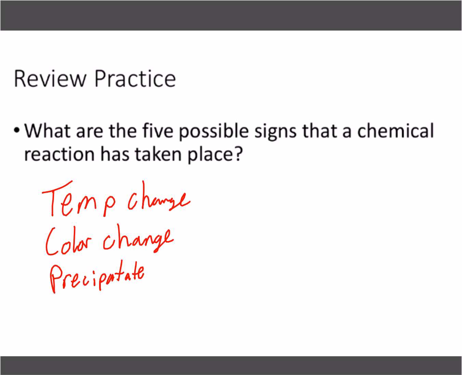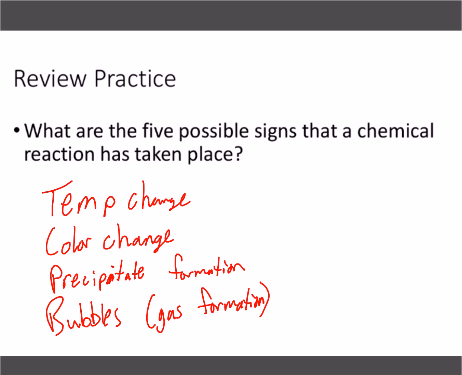I can't write today. Precipitate formation. Caroline? Right, so heat. That would be like a temperature change. What else, Catherine? Not gas to solid, but the other one could be just bubbles, right? Which means a gas forms.